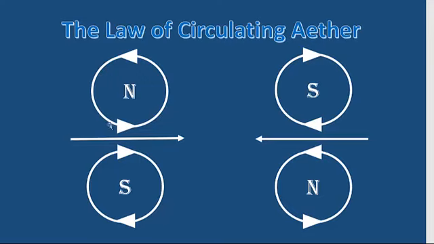So when I see counterclockwise circulation, I'm going to call that north circulation. And when I see clockwise circulation, so if you take your left hand and curl it in the direction of circulation, then your thumb is going to point to the South Pole.